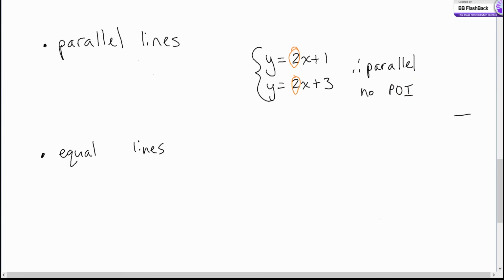Okay, let's look at another example of two lines. Okay, these lines look a little bit different, but if I rewrite this equation and try to compare the slopes here, let's see.